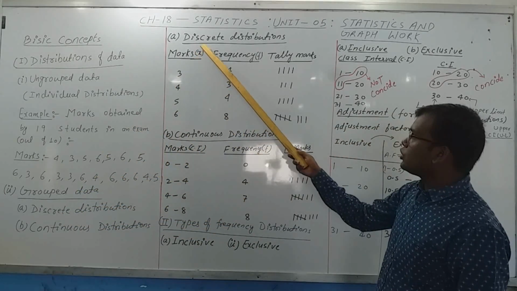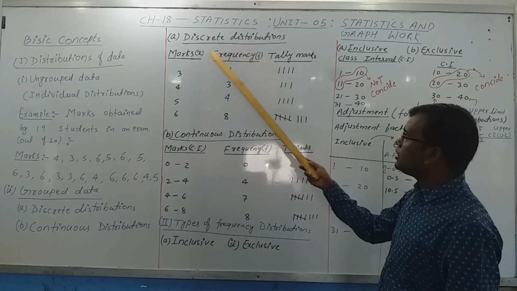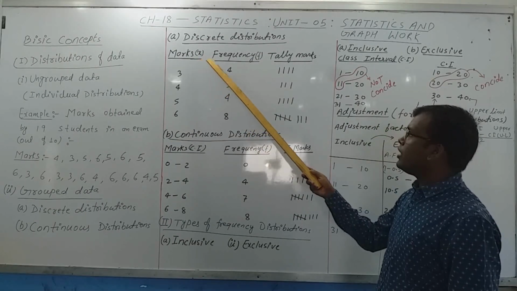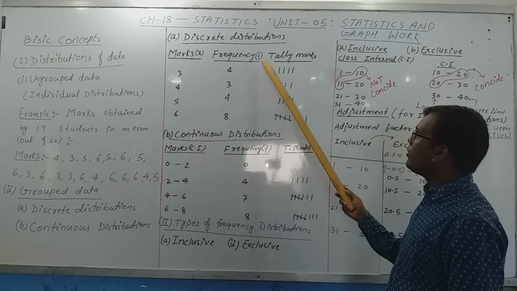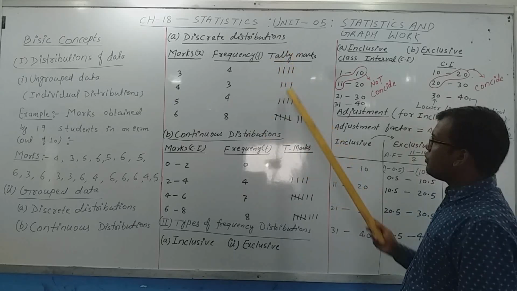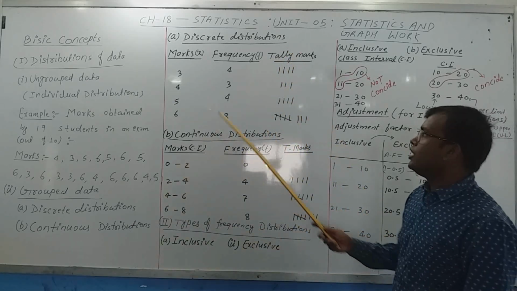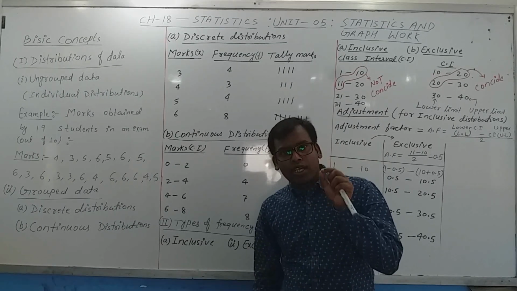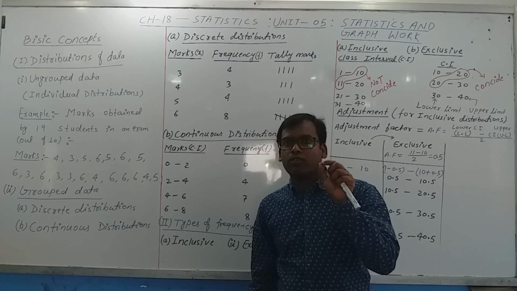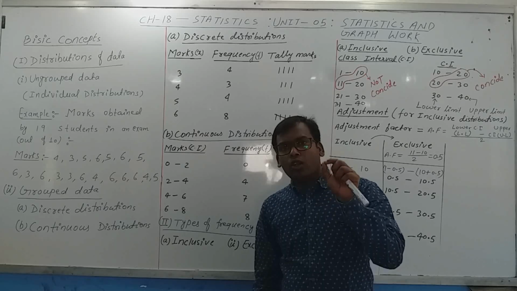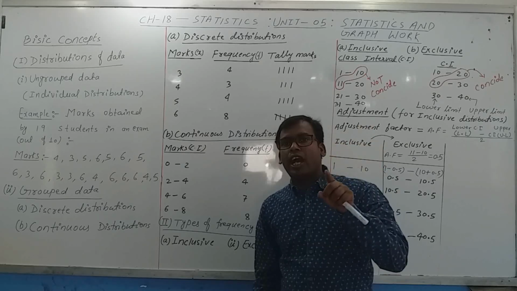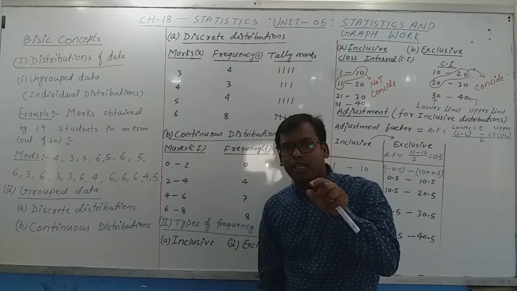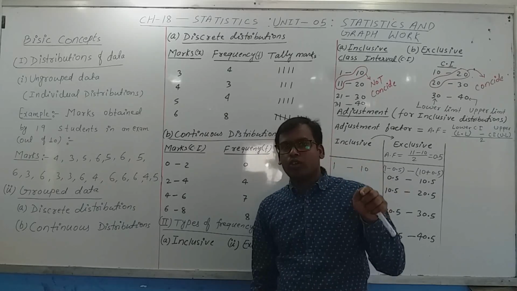Let's see here. So A, it is the discrete distributions. Marks we are representing over here as variable x, and frequency as f, and tally marks. This column you know from earlier classes. So here marks, if I am asking how many of you are getting 3 marks out of 10, just all of you raise your hand and I will count all of the students who get 3 marks out of 10.